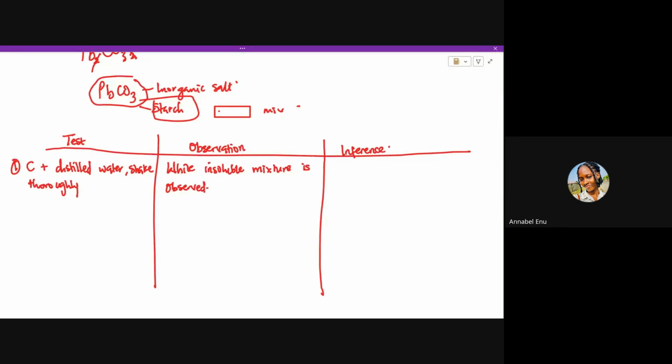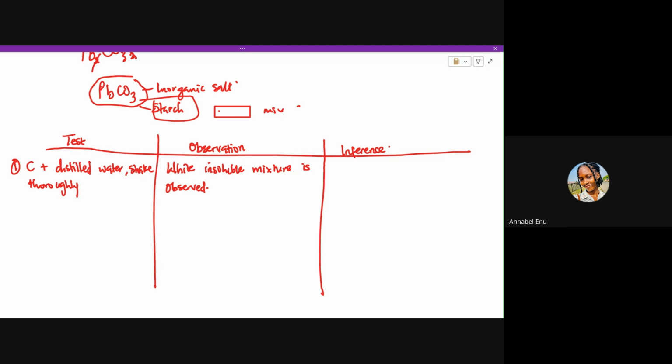Straight to the point, right? And then our inference: what are we going to conclude from there? We can't conclude from here that lead or carbonate is present. We can only conclude that C, because this is actually an insoluble salt.